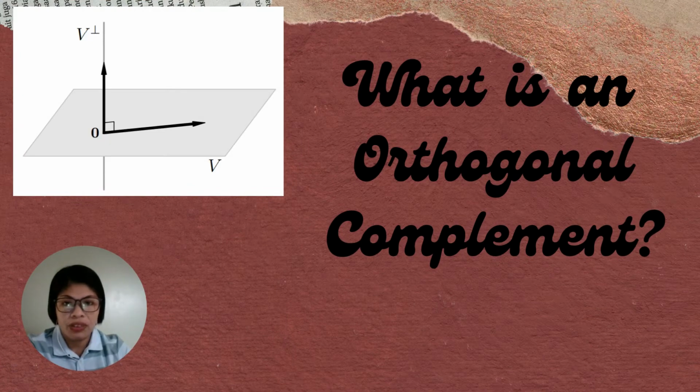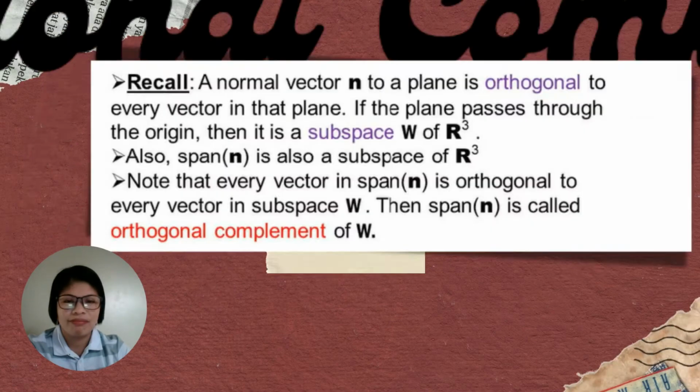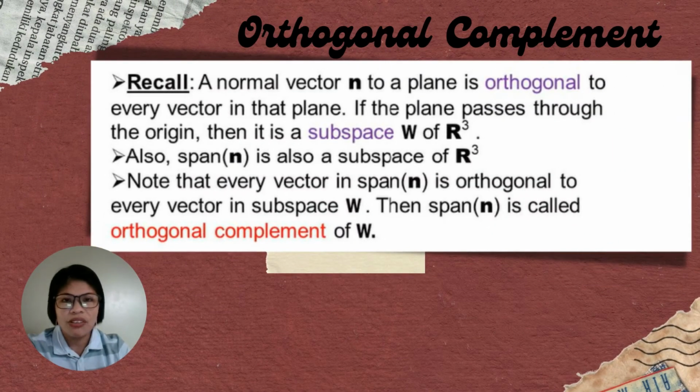What is an orthogonal complement? Recall that a normal vector n to a plane is orthogonal to every vector in that plane. If the plane passes through the origin, then it is a subspace W of R cubed.